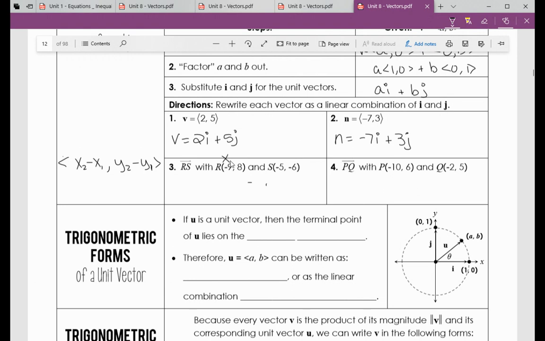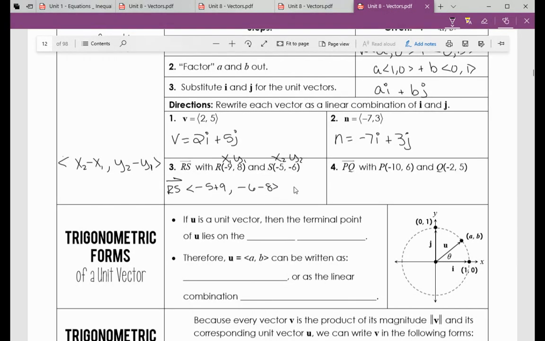All right, so here's x1, y1, x2, y2. So the component vector for rs would be negative 5 plus 9, because minus a negative is a positive. And then we're going to do negative 6 minus 8.